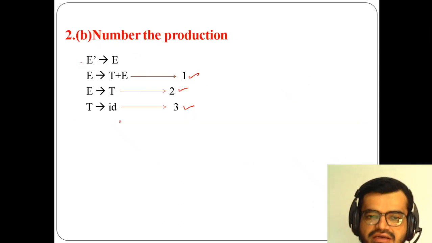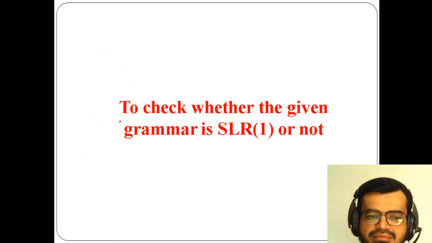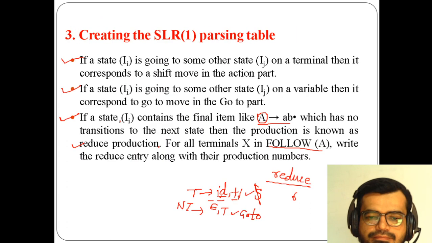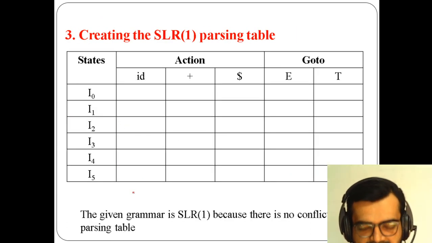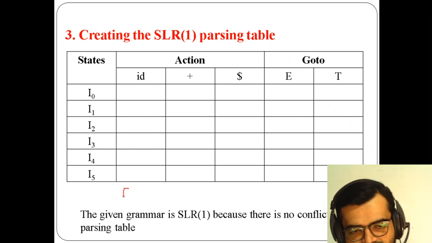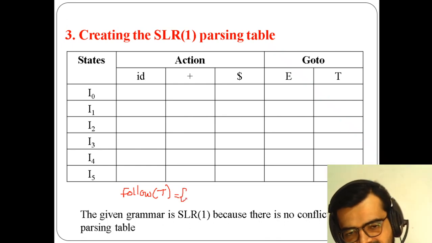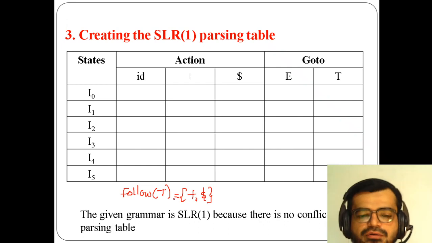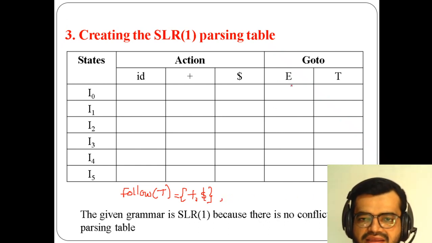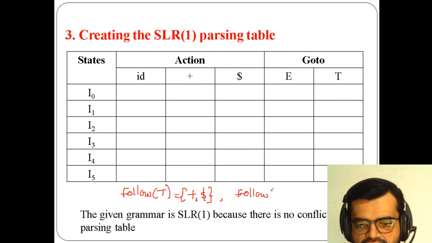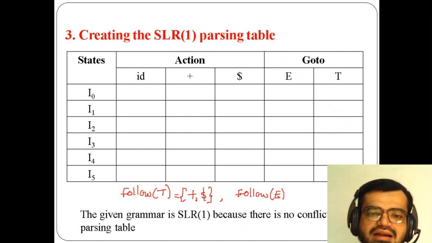So here what I am writing is that follow of T is plus, comma, dollar. This is very important because by this only we can come to know. And what is the next? E is there, so follow of E. E is the start symbol.